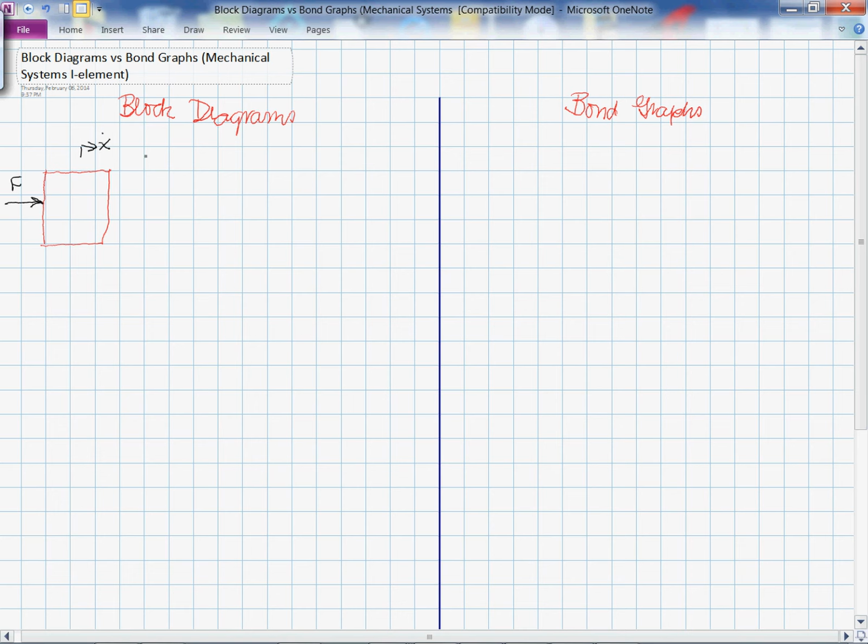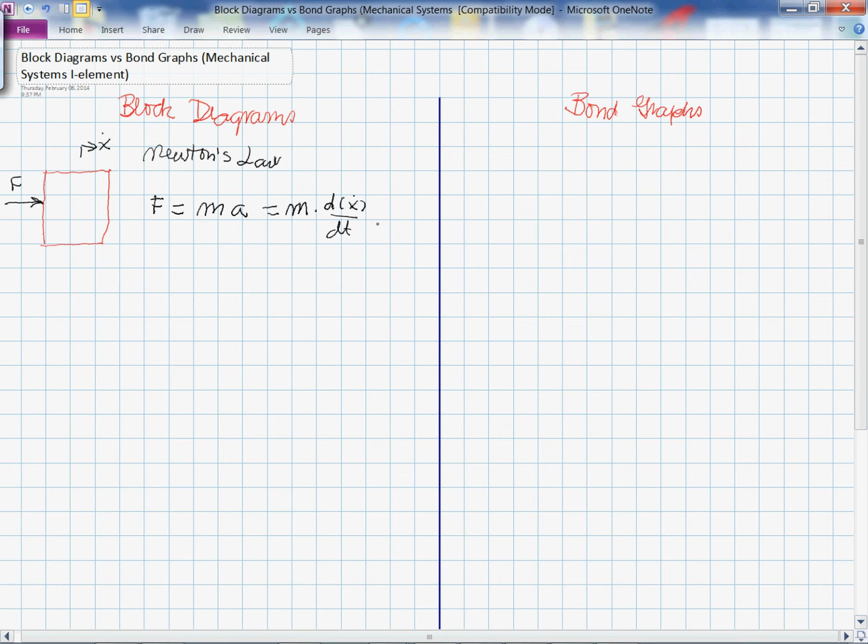For this kind of situation, what we usually do is apply Newton's law. So let's write down Newton's law. What does Newton's law say? It says that the force F is equal to mass times the acceleration, or you can write it like this: m times d x dot dt.